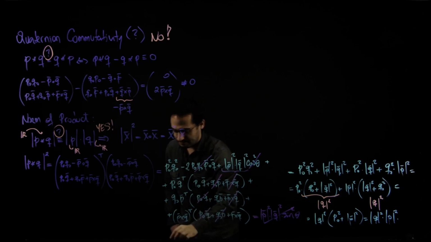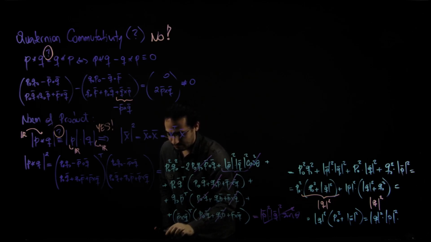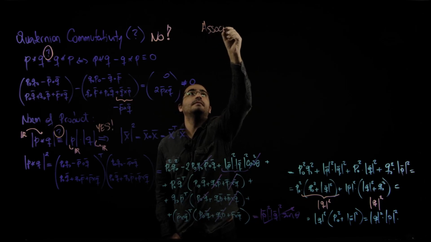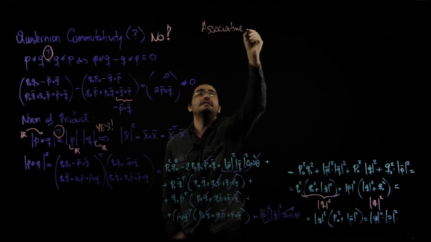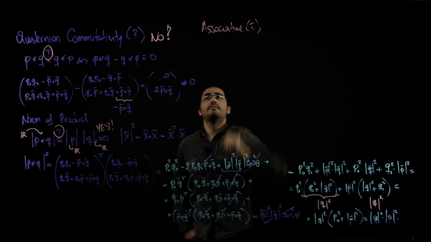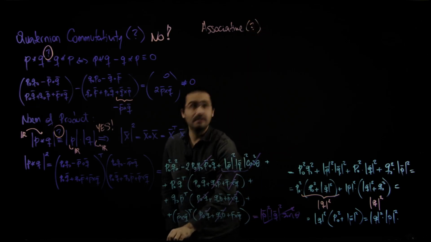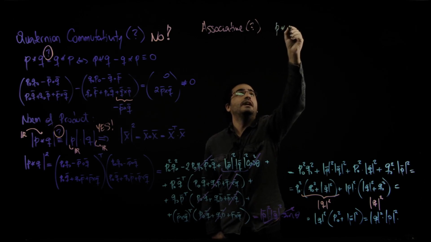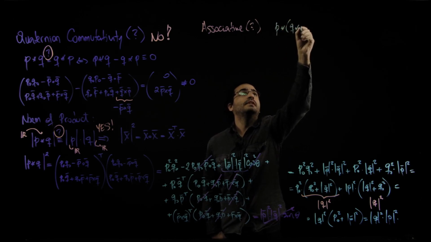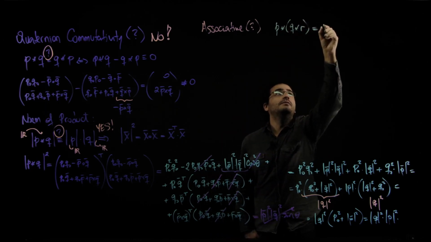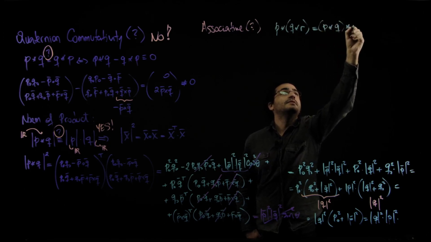Finally, the other property that we want to know is if it is associative, meaning if we have P, Q, R quaternions, if P times Q times R is always equal to P times Q times R with the other grouping.